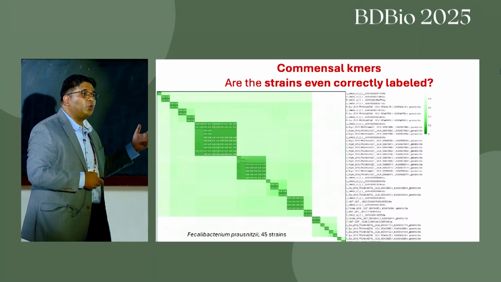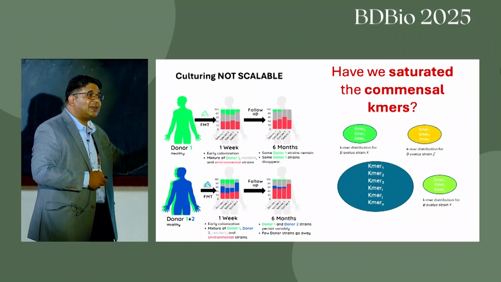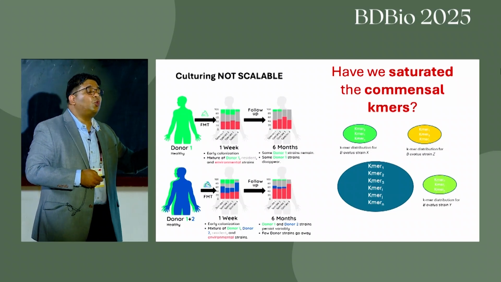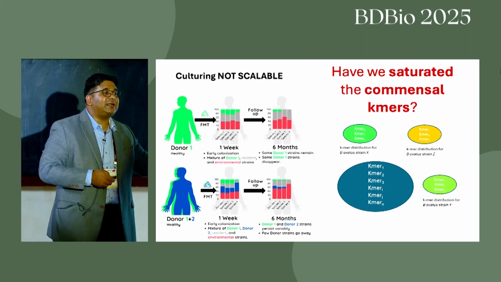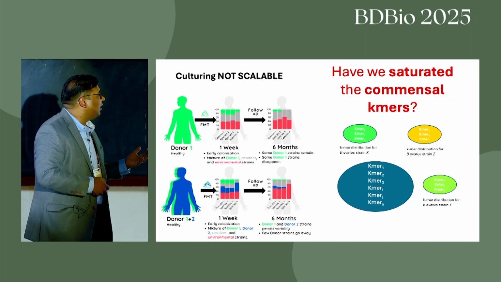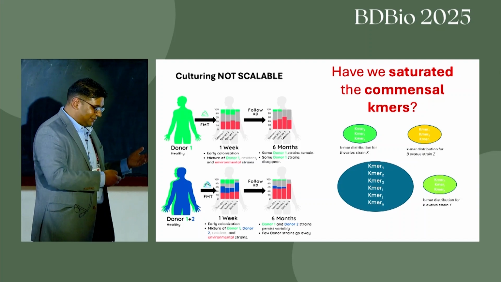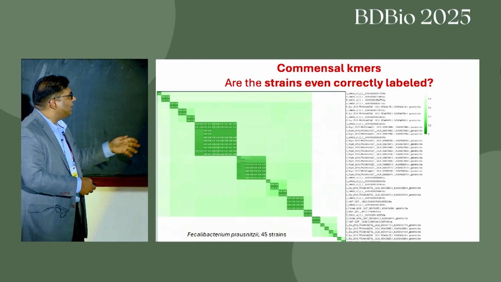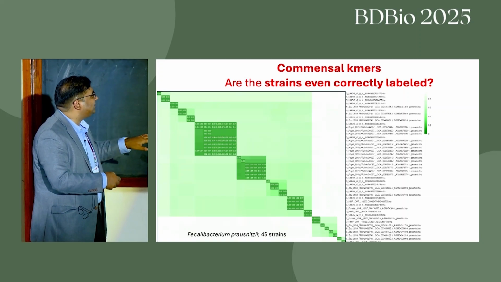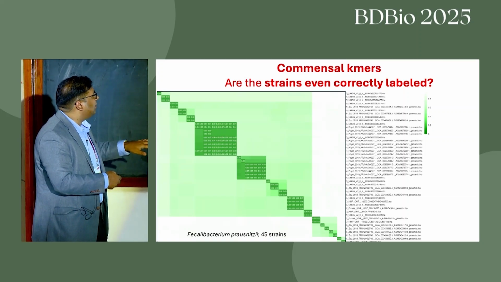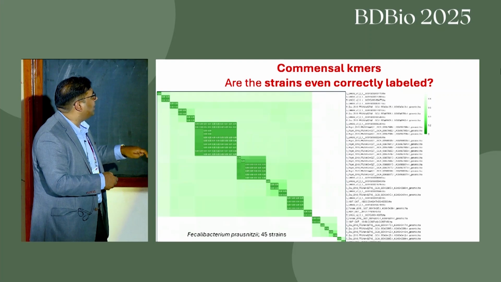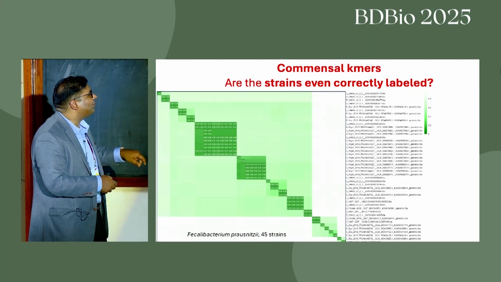Here we want to see whether this is even possible. So how do we go about doing it? We look at the strains that are deposited in the public databases. But most of the public databases have a lot of wrong information. We will discuss the pairwise distances. You can see this strain is very similar to each other, even though it is mentioned as Faecalibacterium prausnitzii, but it's very different from the other strains.